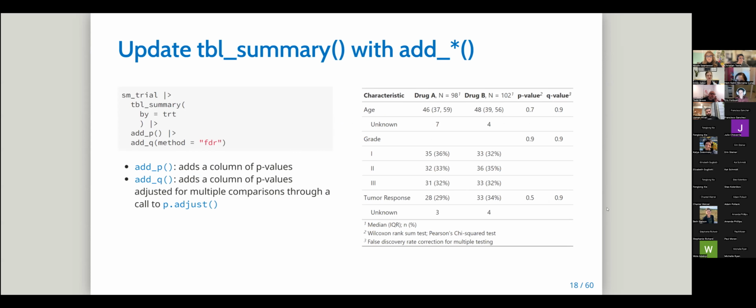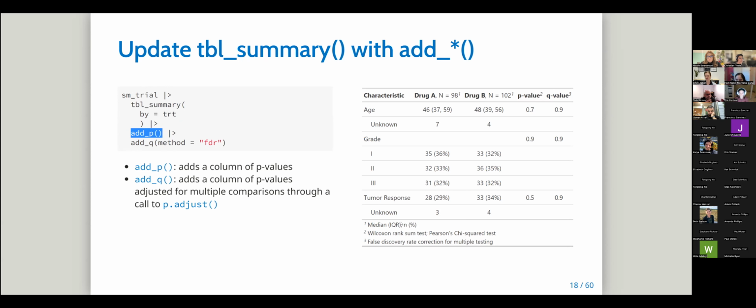So probably one of the most common things you'll want to do with a table 1 is to add a column of p-values. So you saw that tbl_summary in and of itself is just providing the summary statistics, and you have to use the add-on function add underscore p to add the p-values. So if we just do that, that's this part. This is our basic tbl_summary going back to all the defaults by the treatment variable. And then if we just pipe that into add_p, we get the column of p-values, which is here.